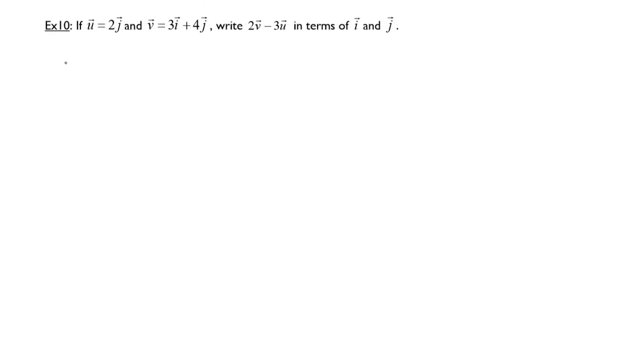Now let's look at example 10. If u is equal to 2j and the vector v is equal to 3i plus 4j, write 2v minus 3u, so 2 times the v vector minus 3 times the u vector, in terms of i and j. So first let's combine the v and the u vectors and their scalars.